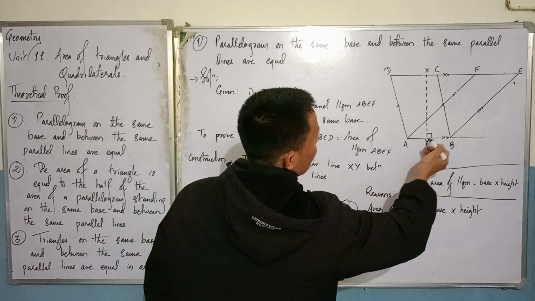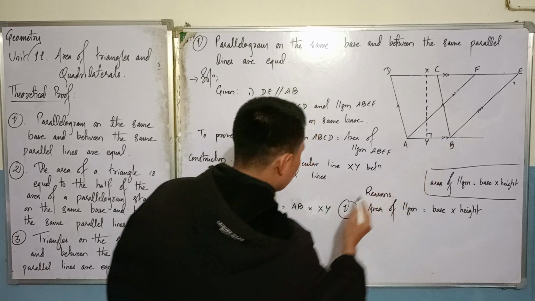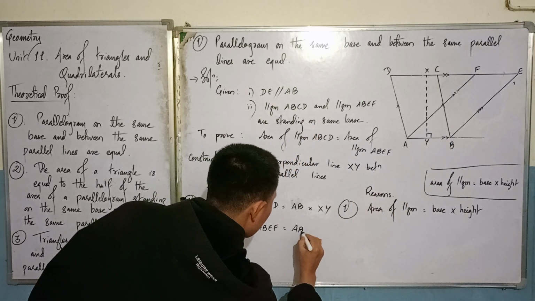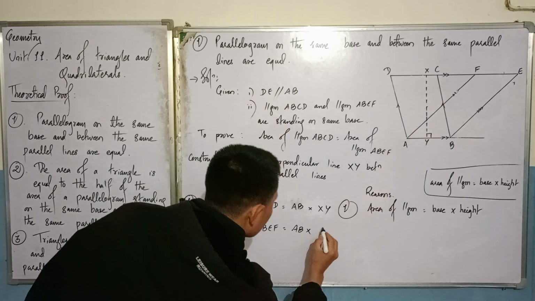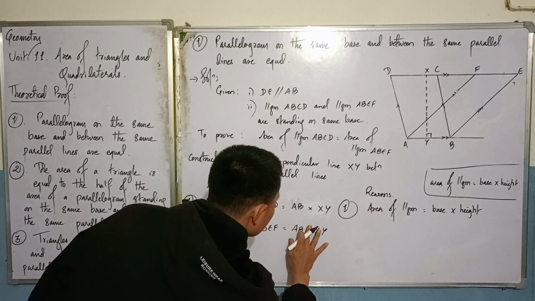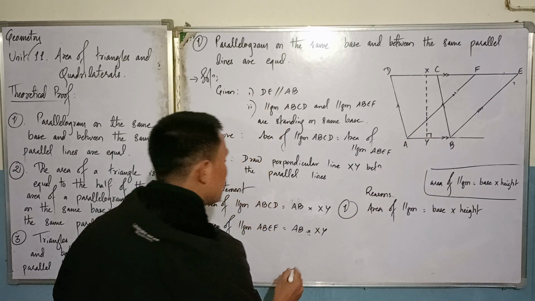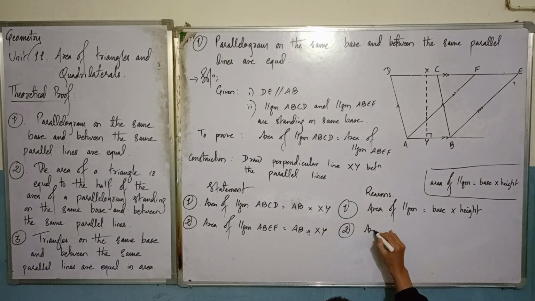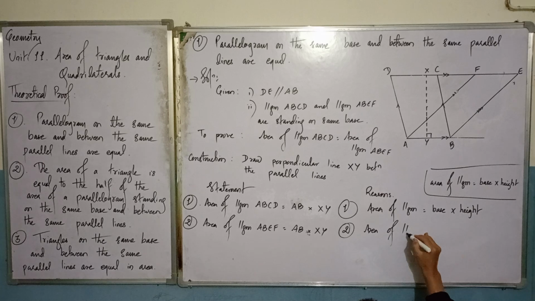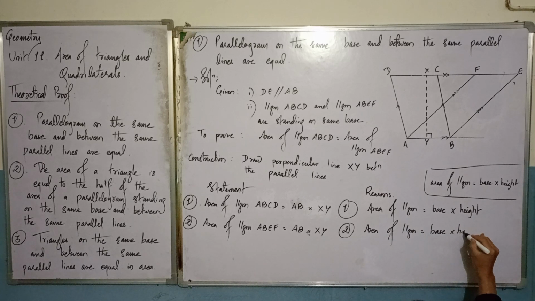In parallelogram ABEF also, the base is AB and the height is the perpendicular height XY. The reason is the same: area of a parallelogram equals base into height.